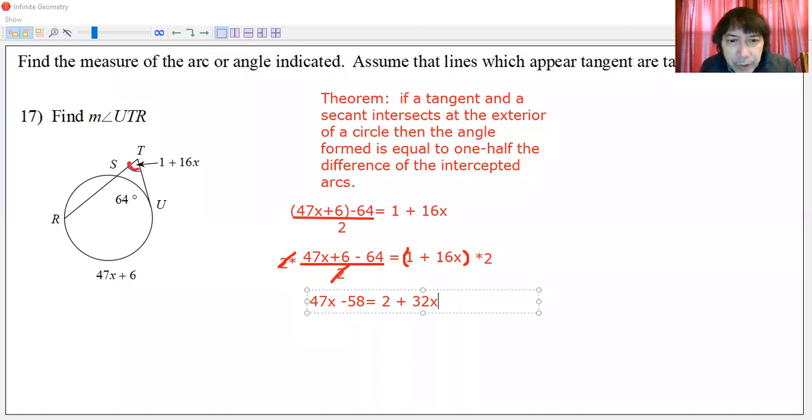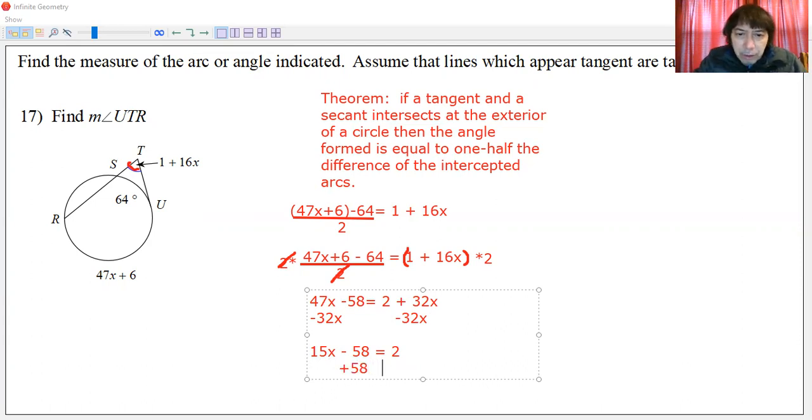Let us start with subtracting 32x from both sides. So we get 15x at the left. 7 minus 2, 5, 4 minus 3, 1. We still have that minus 58. And the right side is just 2. All right, add 58 now.